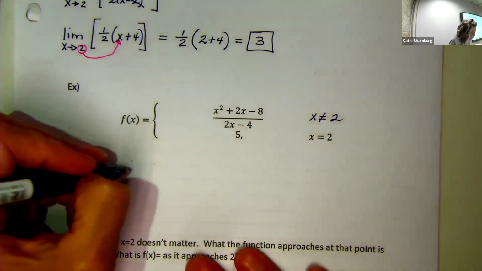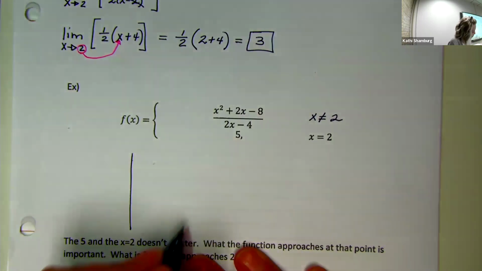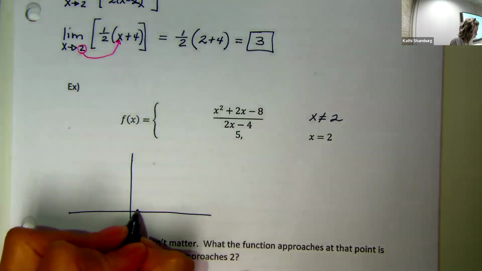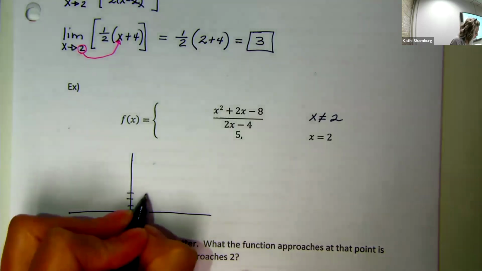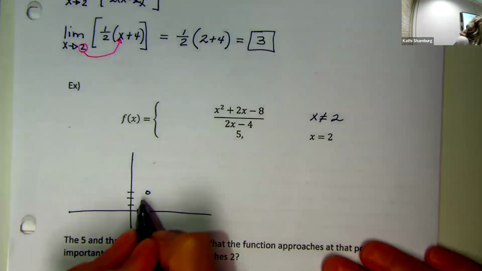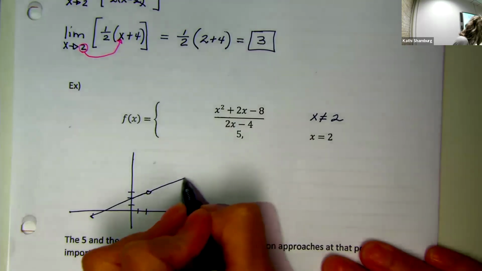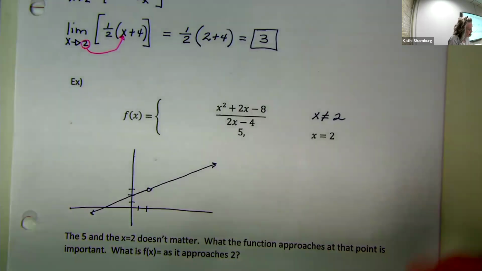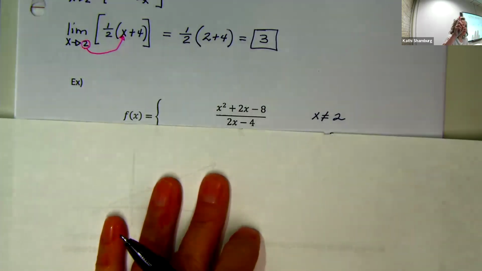So I'm going to graph that. I need to put an actual point, so over 2, up 1, 2, 3, that was a hole. And then this is something like this. Looks like that. Okay, so that is the graph of this. That's the first piece.